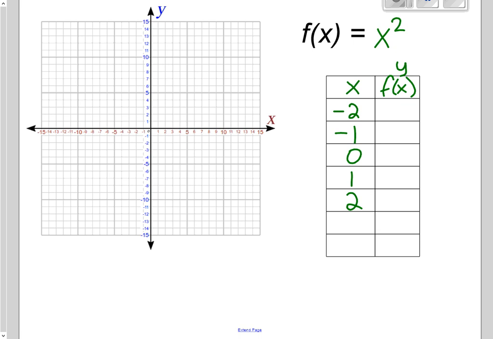So if I put a -2 in for my x squared, I get -2 squared, which is 4. And if I put a -1 in, I get -1 squared, which is 1, and 0 squared, which is 0, and 1 squared, which is 1, and 2 squared, which is 4.